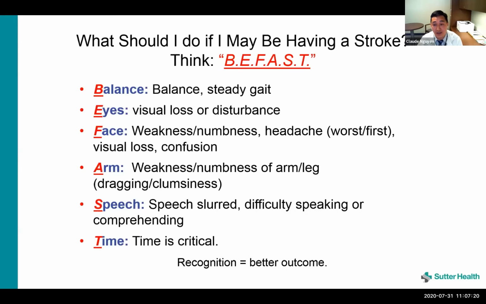That could be a sign that they're having a stroke. And lastly, T is for time, with the message being to seek help immediately, because as you'll hear, we have certain treatments that we can potentially offer if stroke patients can get to the hospital early enough. The quicker the recognition of a possible stroke, the better the outcome.